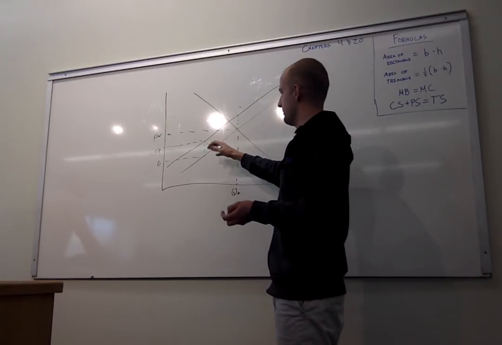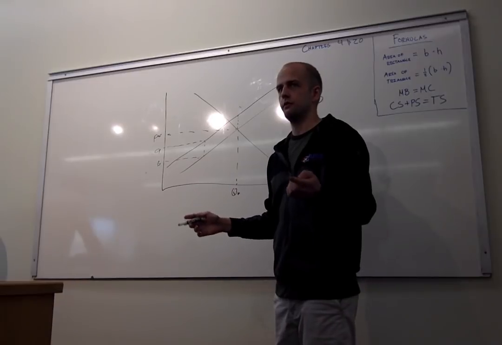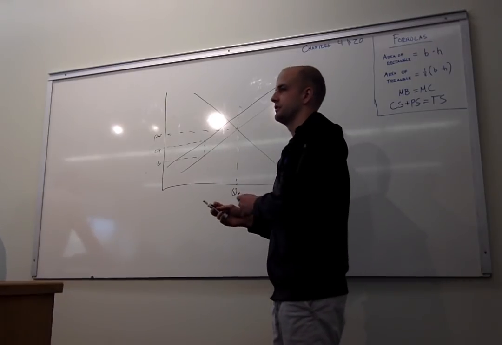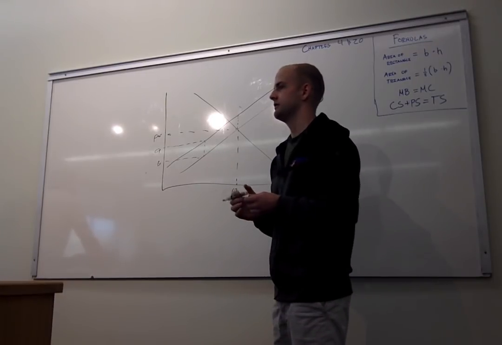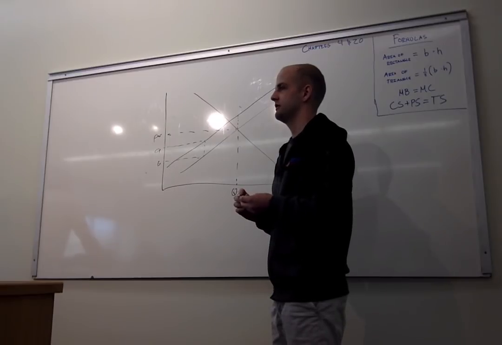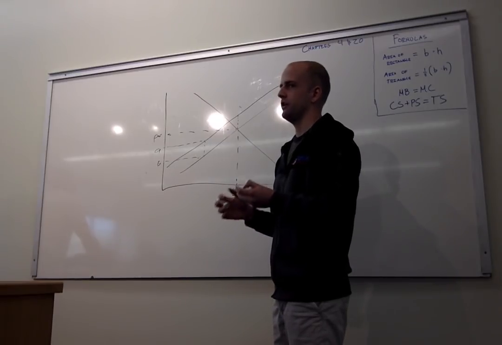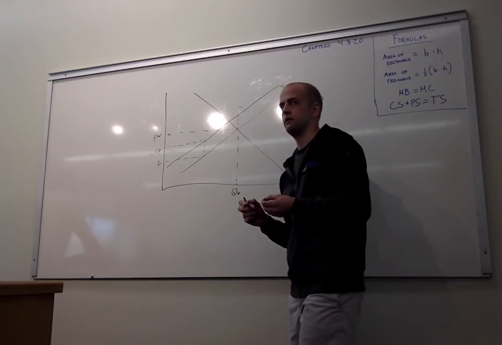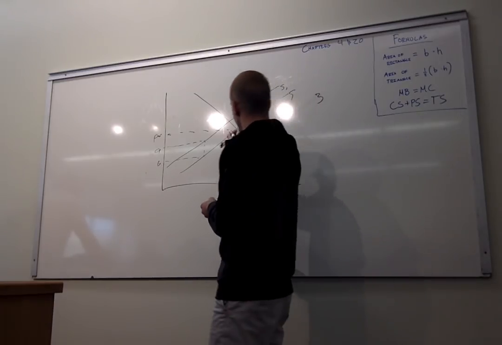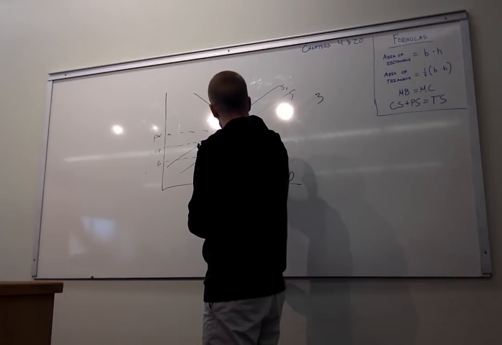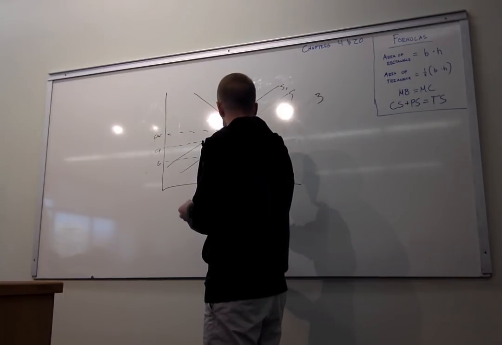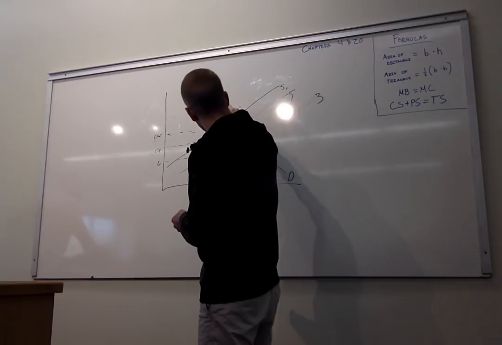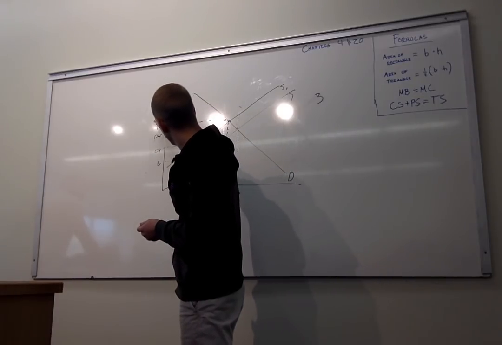So now what happens in this situation? Does the market remain efficient? No. What happens to the quantity that's sold? It goes down, good. So we go to the new equilibrium and come down. We call that Q1, and this is the new price, P1.